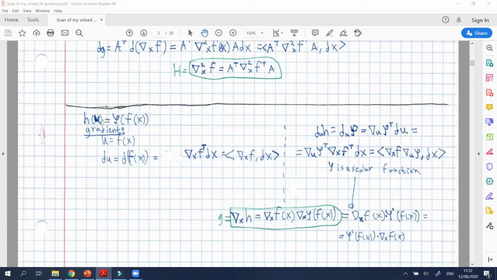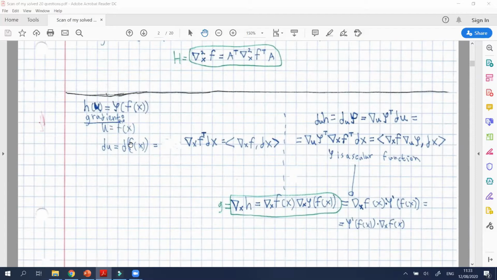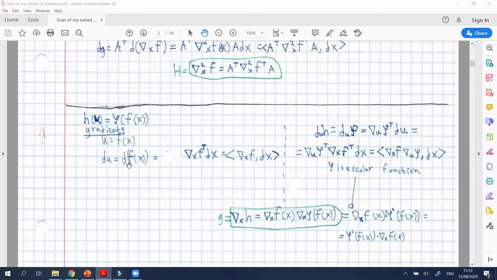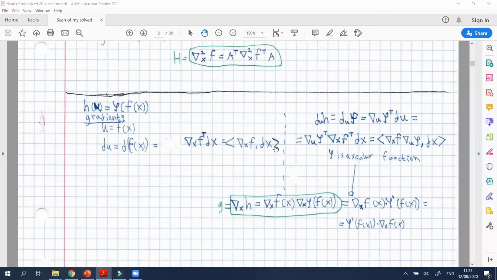So we define h of x to be phi of f of x. So u is f of x, obviously, and the differential of u is equal to the differential of f of x. And like we've seen just a second ago, we get du is the gradient of x f transpose dx. We will use this really soon, and a couple of times.